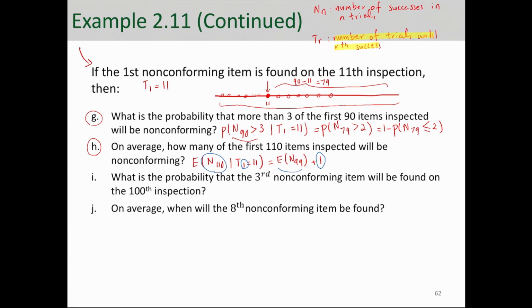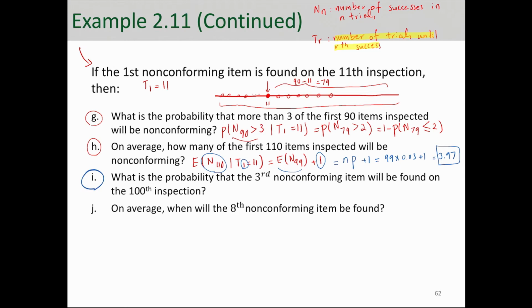By the expected value of the remaining 99 trials, and that is NP plus 1. N is 99 times 0.03 plus 1. And that is 3.97. That's the average number of successes in 110 trials given that fact.